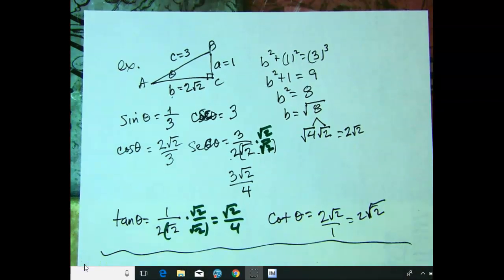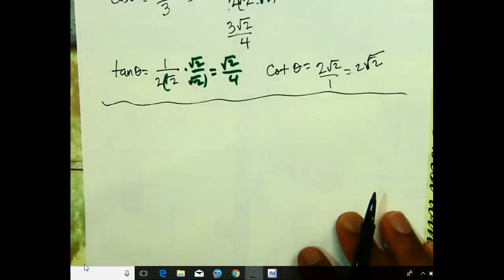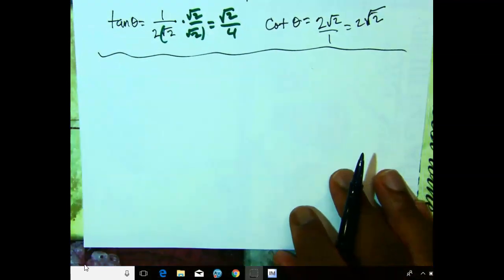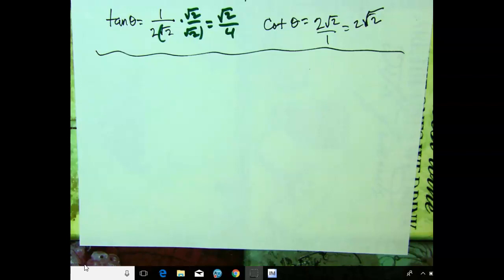Now, when we constructed our unit circle, the angle measures that we chose were either generated from the special right triangle of 45, 45, 90, or from the 30, 60, 90 special right triangle. In both of those instances, we were using the unit circle or a radius of 1.